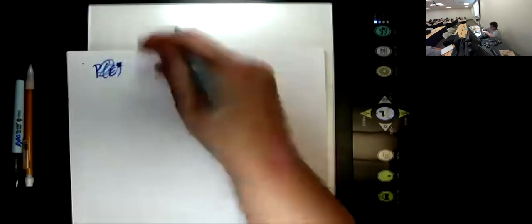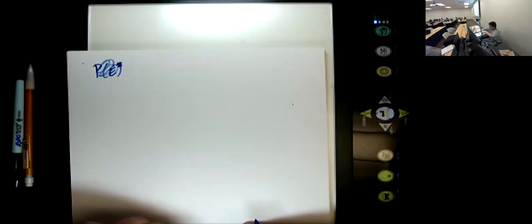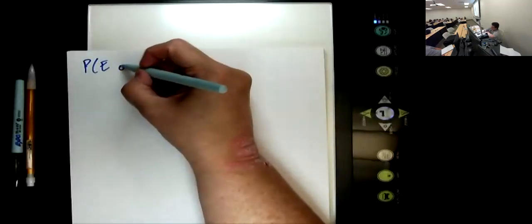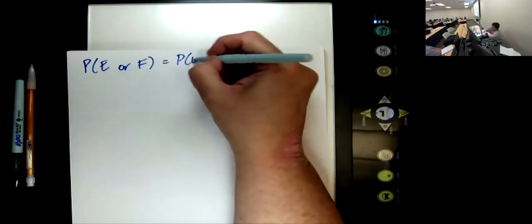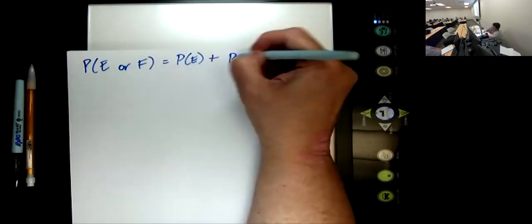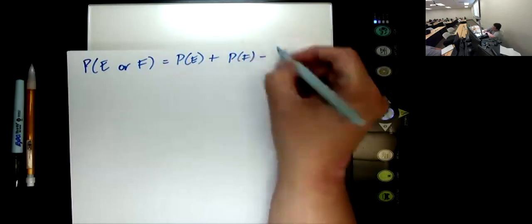Let's just tear that up. Start with a nice, fresh, clean piece of paper. Probability of E or F equals probability of E plus probability of F minus the probability of both.